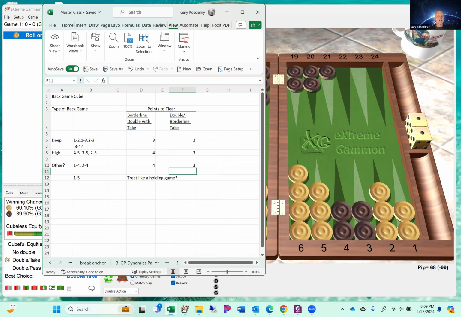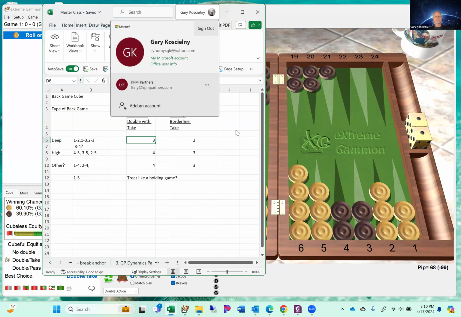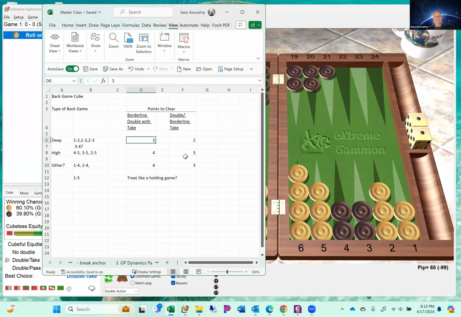So the basic idea of this is the way that you evaluate the backgames and when you cube, and this assumes that you have it cubed already, but if you're getting toward the end here, we're going to look at how many points you have to clear before the first anchor.